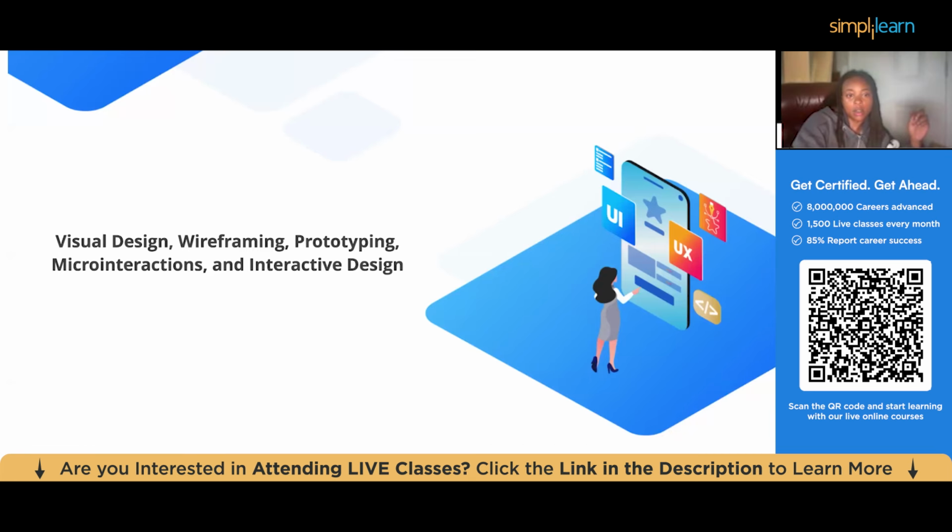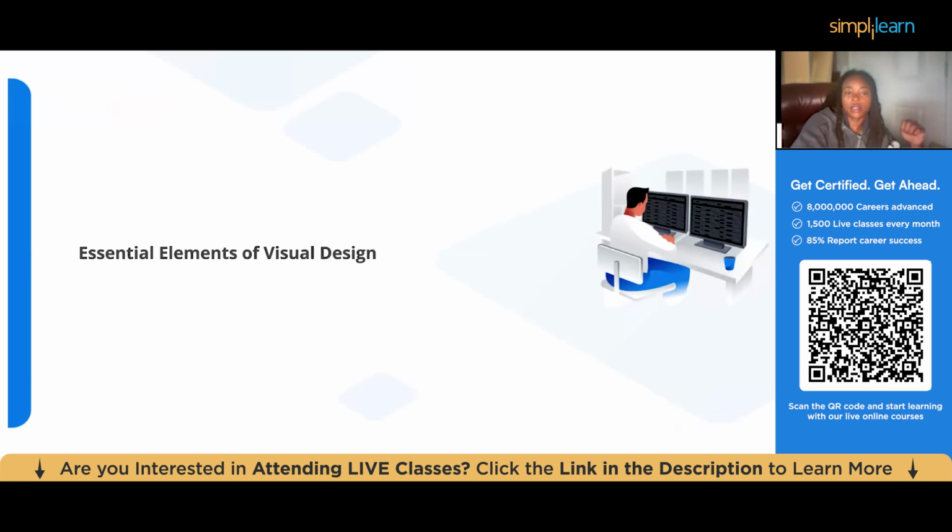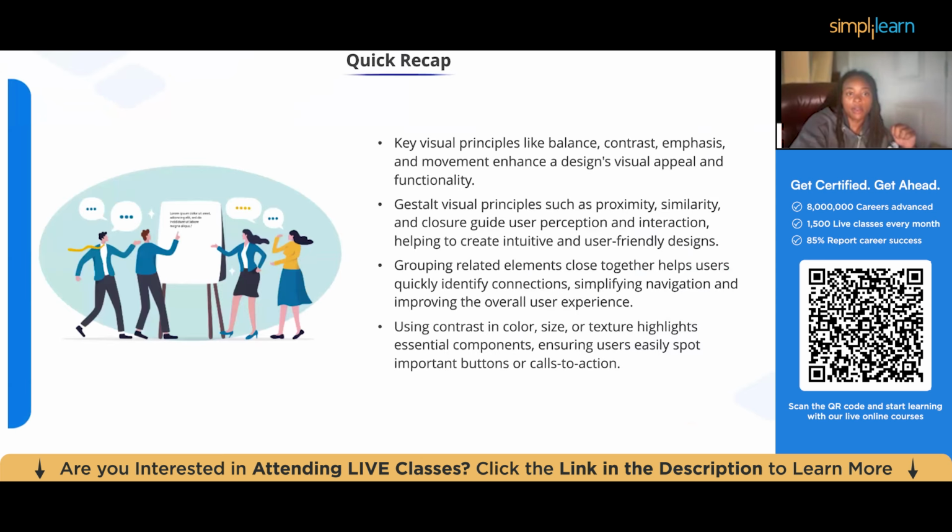This lesson goes over visual design, wireframing, prototyping, microinteractions, and interactive design. It's also essential. Today we're going to be focusing on essential elements of visual design. And as a quick recap of some of the things that we went over yesterday, we went over key visual principles like balance, contrast, emphasis, and movement as they enhance a design's visual appeal and functionality.